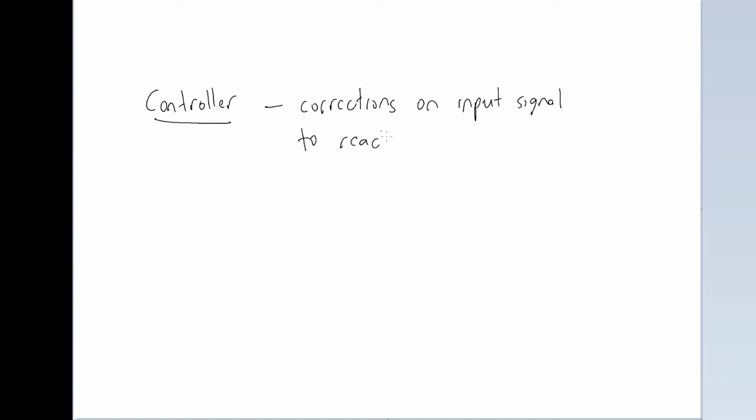Alright, so we're going to start off by explaining what a controller is. I apologize for my handwriting and my drawing skills, okay? A controller actually does corrections on the input signal to reach a steady state.